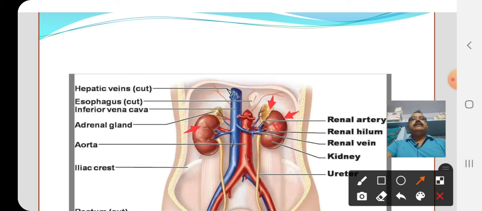This is the renal artery. This is inferior vena cava. This is the aorta. It is iliac crest. This is the renal vein. This is the depression portion of the kidney known as renal hilum.